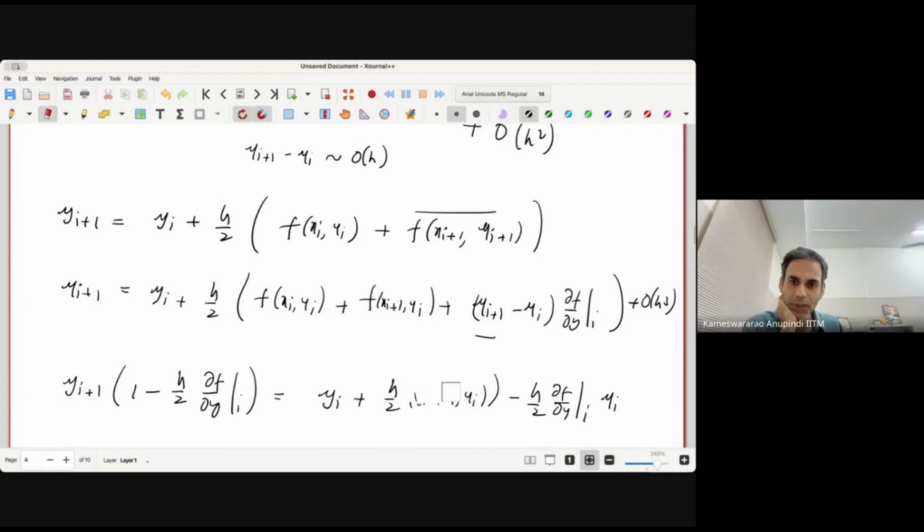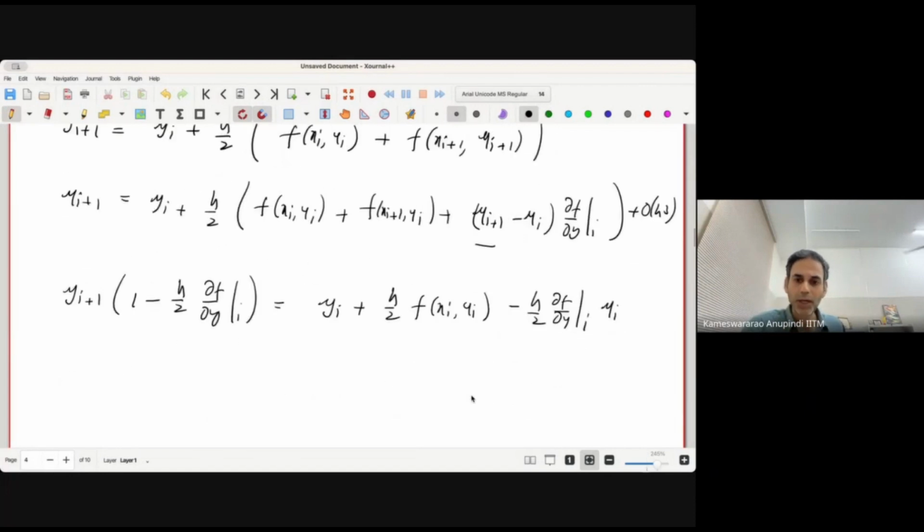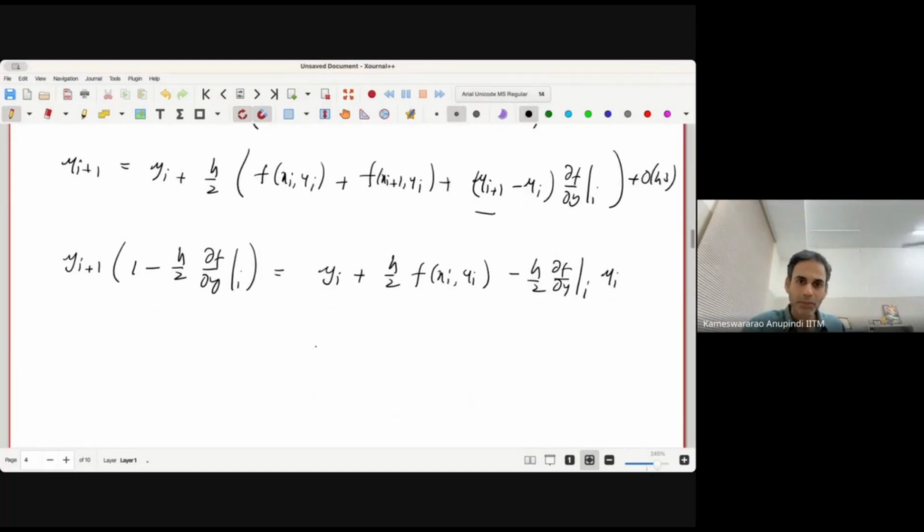So I don't need these brackets. That means on the right hand side also I can write y_i times (1 minus h by 2 partial f by partial y at i), plus h by 2 times f of x_i, y_i.